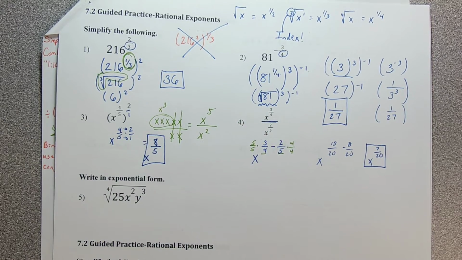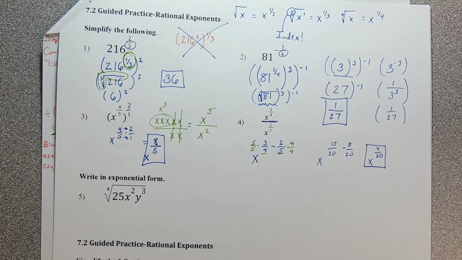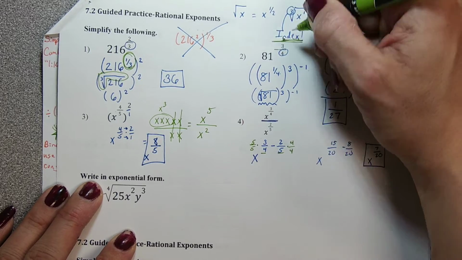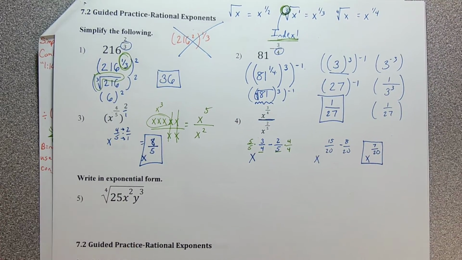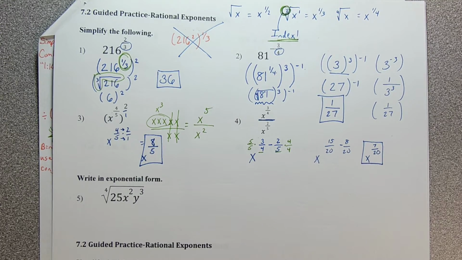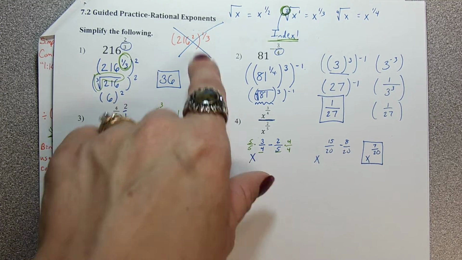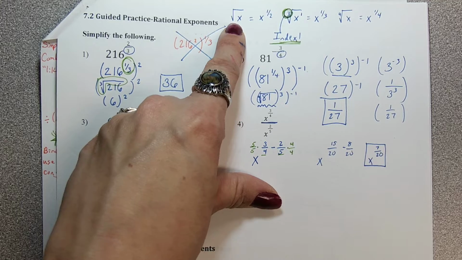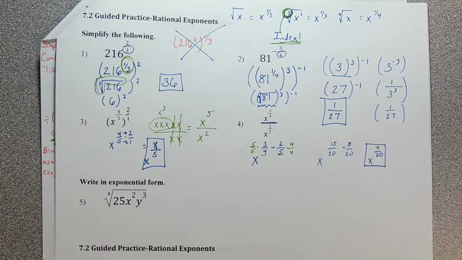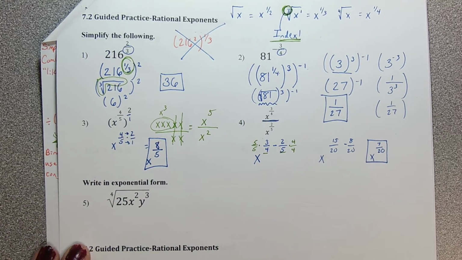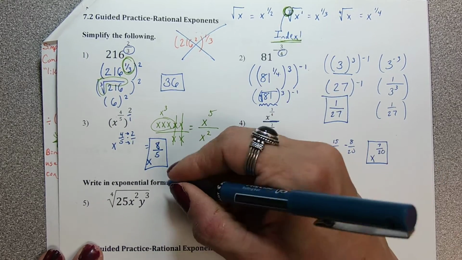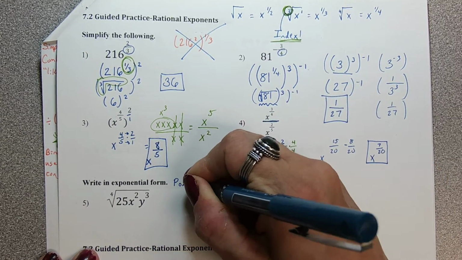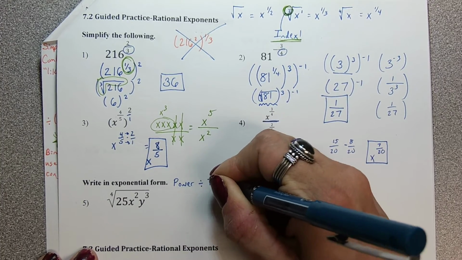So some of you guys probably got those back already. So the index is huge. So I'm always telling my students, don't forget the index. Don't forget the index, because if you don't include the index, then it's just going to be assumed to be a square root. So to go from radical form to exponential form, we take the power of the base divided by the index. So power divided by index.